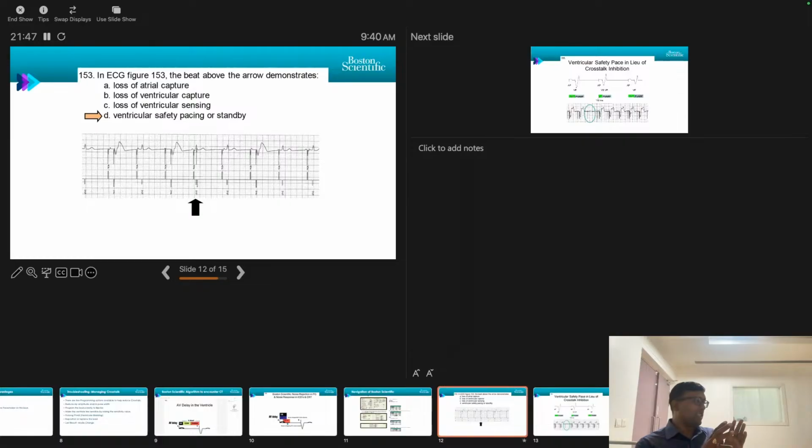When we implant pacemakers, we expect a predictable behavior. The atrium senses something, it waits for a particular time, maybe 120, 140, 160, whatever we have programmed. After that, there is ventricular pacing. This is the normal behavior we expect.